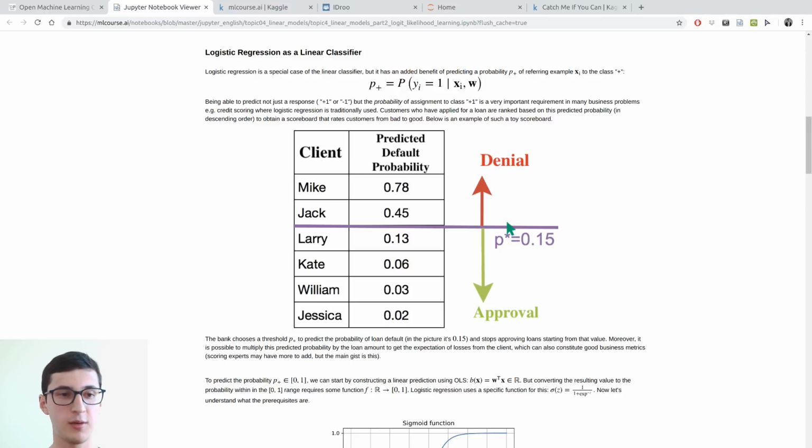It's much better to have some degree of confidence from a model, so not just zeros and ones or -1s and +1s, but some degree of certainty.